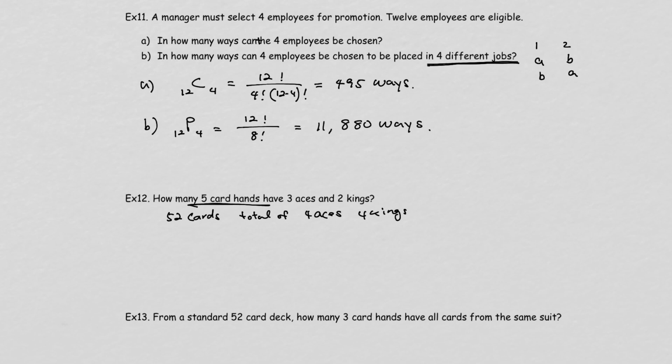So when you're picking 5 cards, you pick one and then you pick the next one.